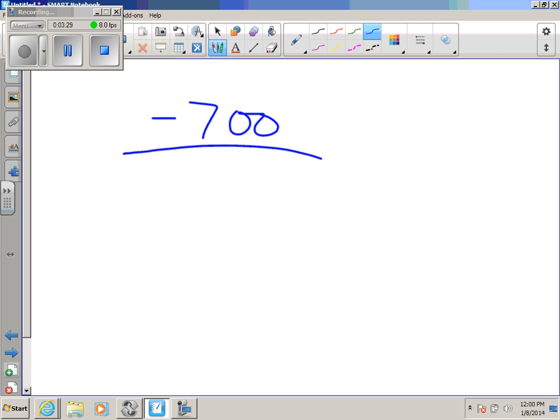Negative 700. Basically, for now we're just going to ignore the negative because it's a real quick fix at the end. Let's just focus on the integer 700. 70 times 10 works out just fine.